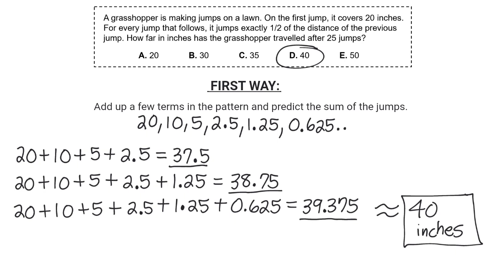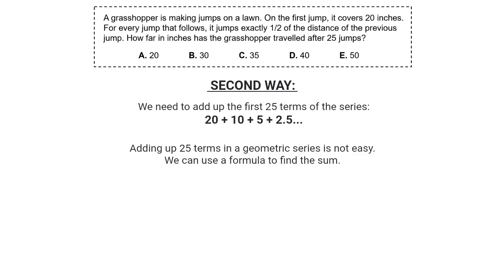Now let's look at the second way to solve this problem. So we need to go ahead and add up the first 25 terms of this series. Now, if you've tried using a calculator with this, you'll start to instantly realize that finding all 25 terms and adding them up is not easy, and it's going to waste you a lot of time. But fortunately, we can use a formula that'll help us find the sum of the series.